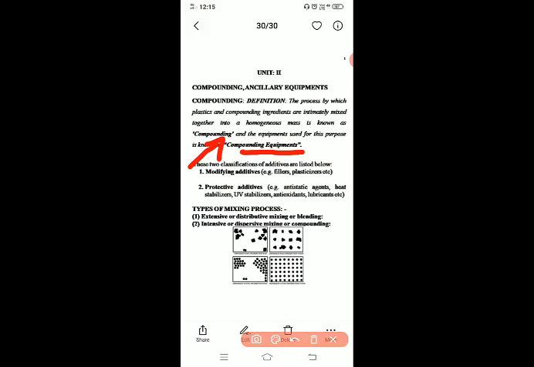Compounding is nothing but the process by which plastics and the compounding ingredients are intimately mixed together to form a homogeneous mass, and the equipment used for this purpose is known as compounding equipments.